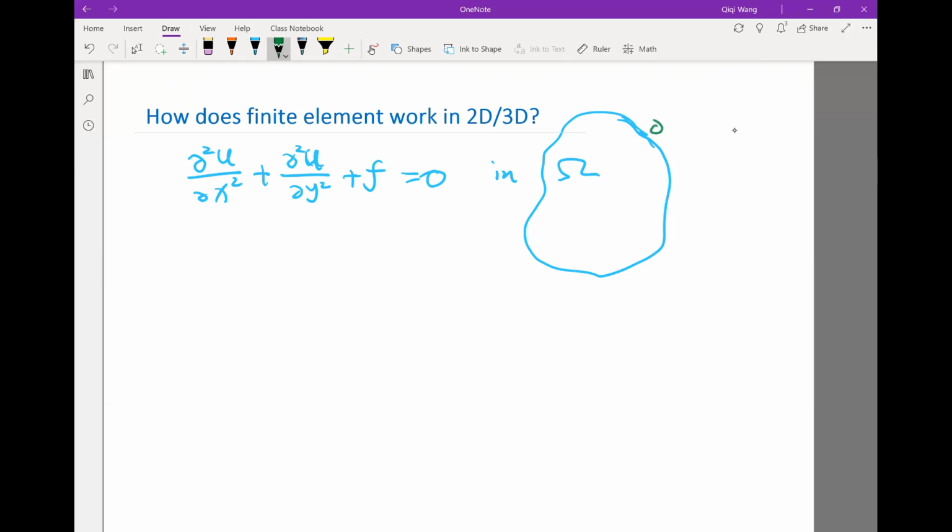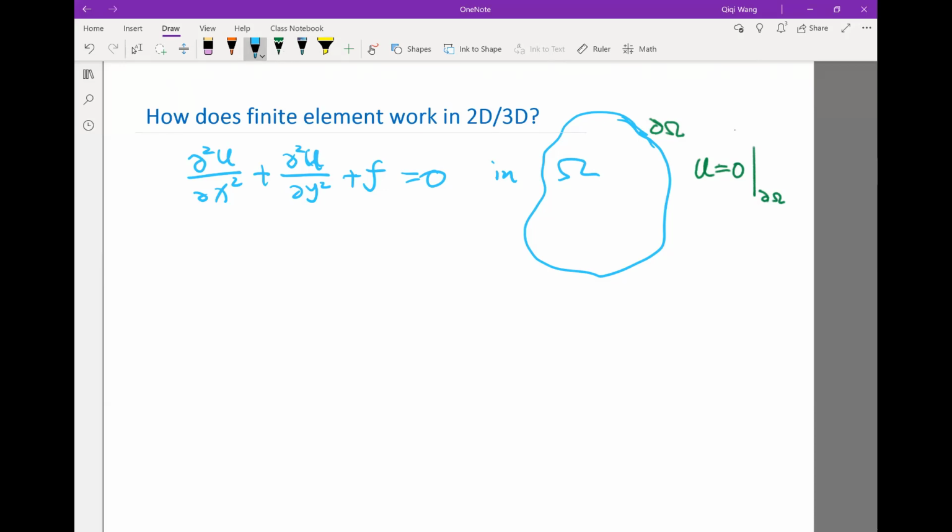Well, in 3D that will be the surface. In 2D, it's just a boundary of the domain. Let's say u is equal to 0 at the boundary. Okay, so that's probably the simplest equation to explain in multiple dimensions.